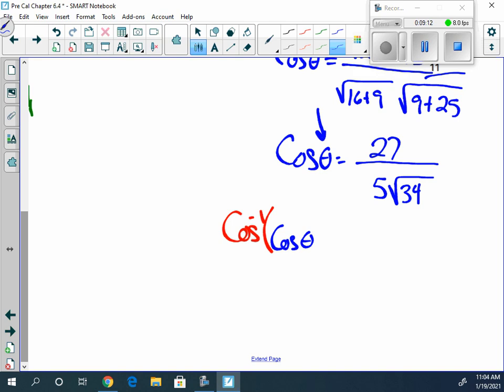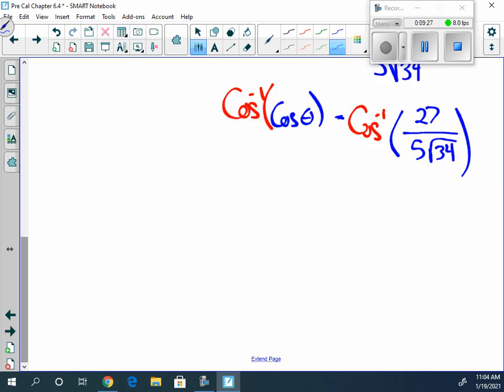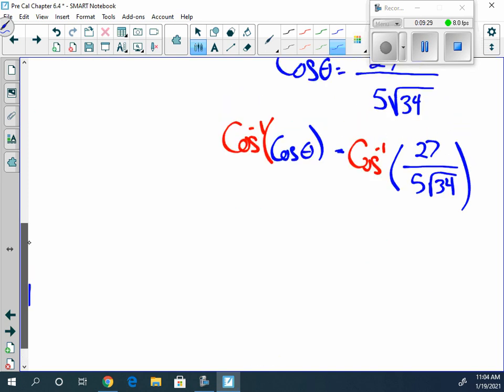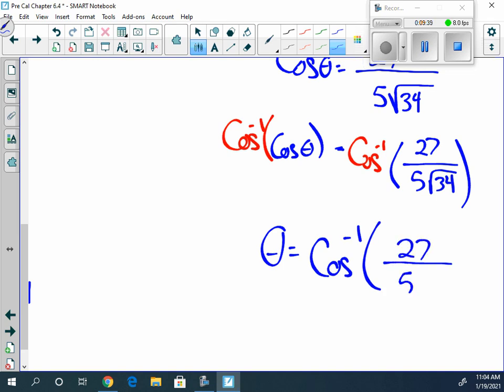Well, if I'm going to get at the angle, I need to do what to both sides? I need to take cosine inverse of each side. And luckily with our calculators, most of the calculators that we have, it's not really going to bother it if there is a radical in the denominator.